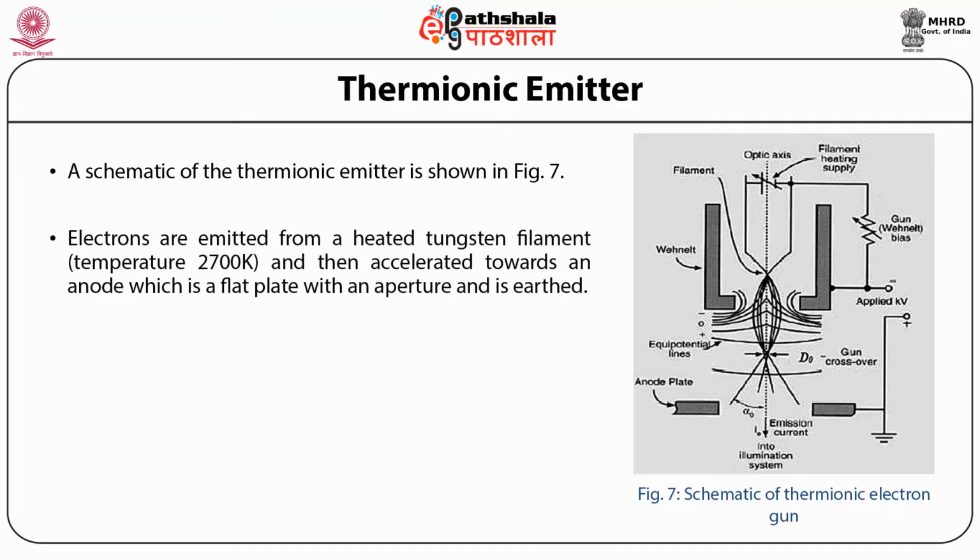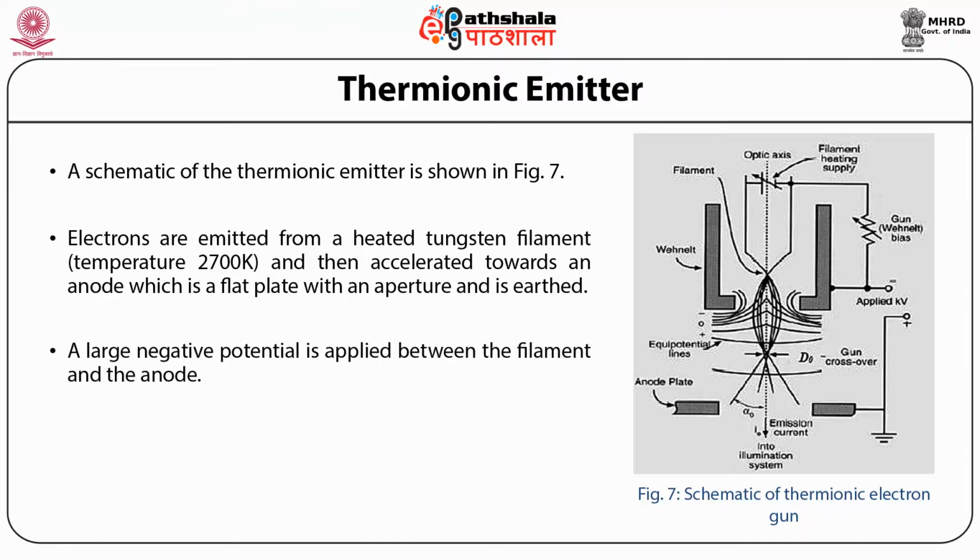Electrons are emitted from a heated tungsten filament at a temperature of 2700 Kelvin and then accelerated towards an anode, which is a flat plate with an aperture and is earthed. A large negative potential is applied between the filament and the anode.